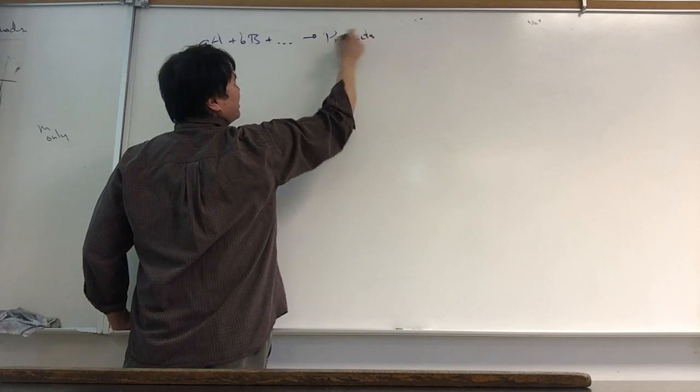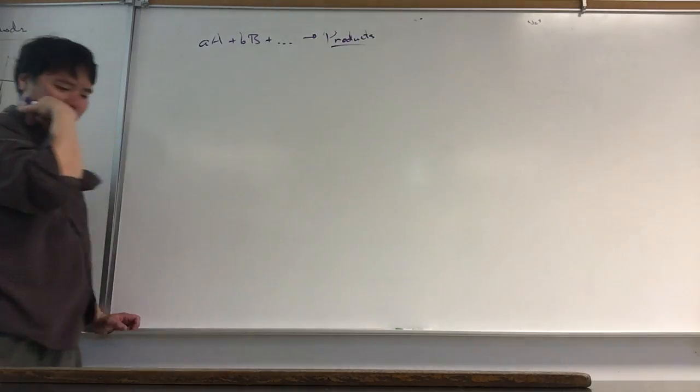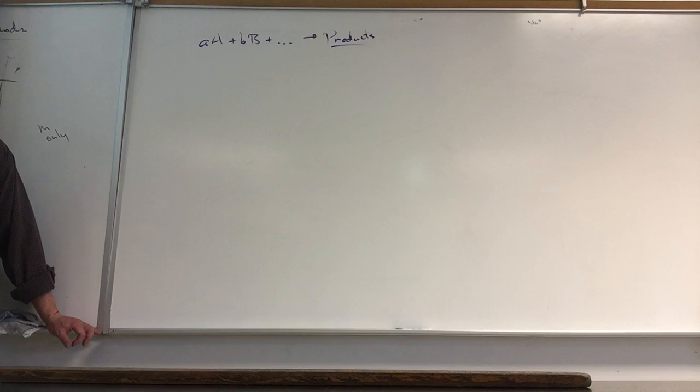Usually in kinetics, we just say products, so we don't list them all out sometimes. Because usually the reactant concentrations are what causes the reaction to speed up or slow down.